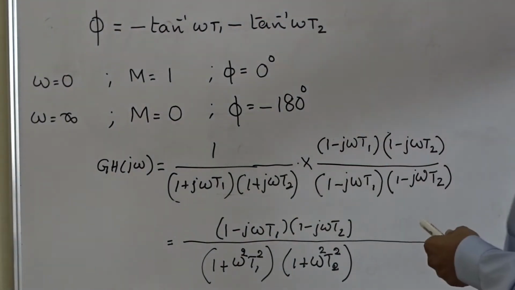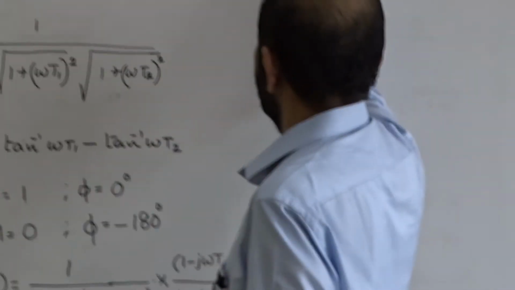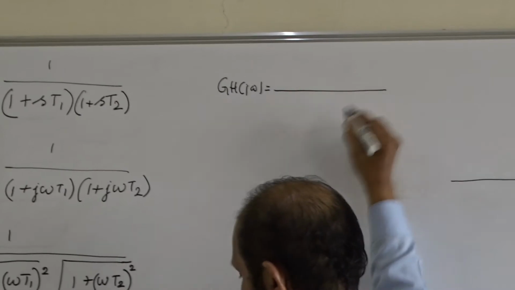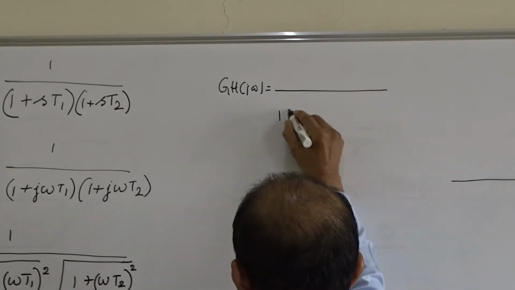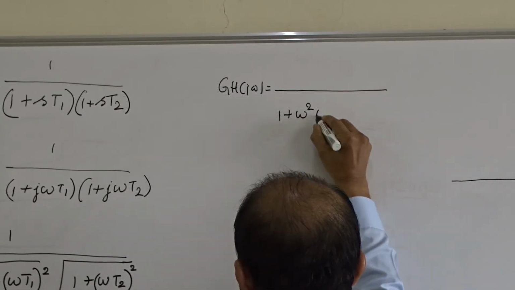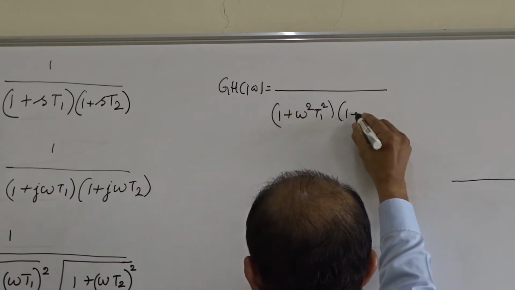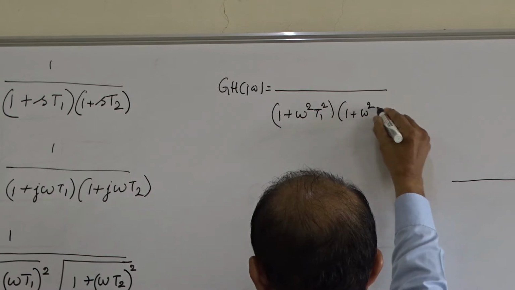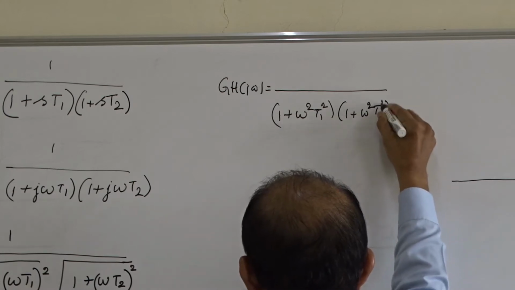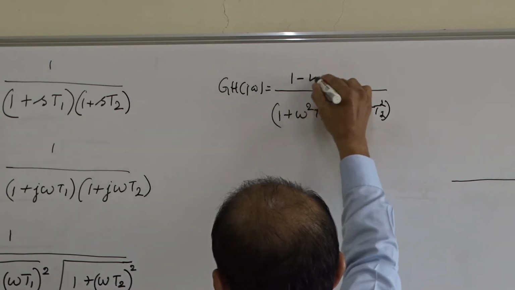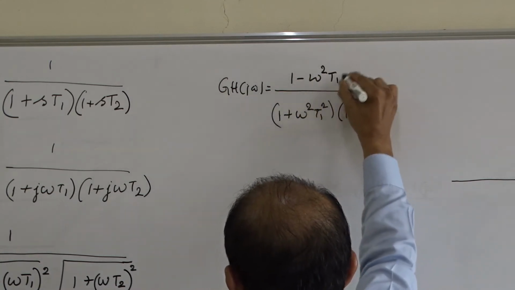So G H of j omega will be equal to, when you separate, you get like this: the real part will be 1 minus omega square t1 t2, divided by (1 plus omega square t1 square) into (1 plus omega square t2 square).